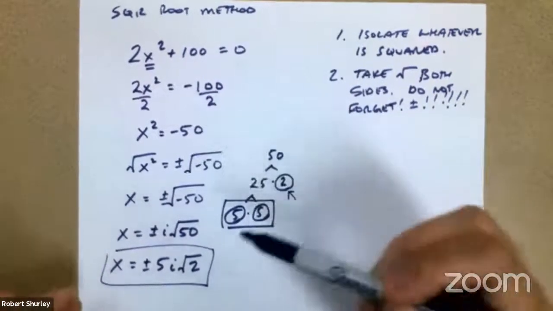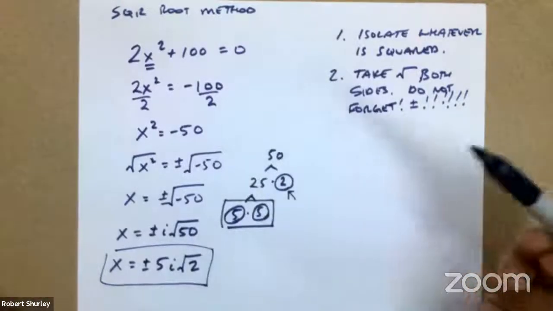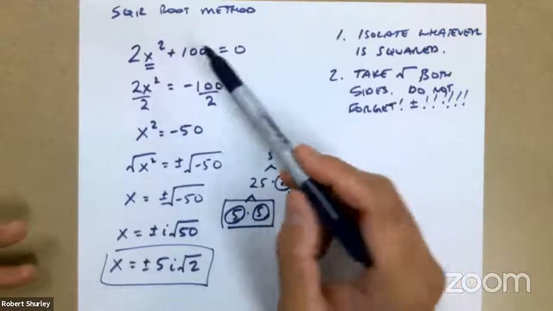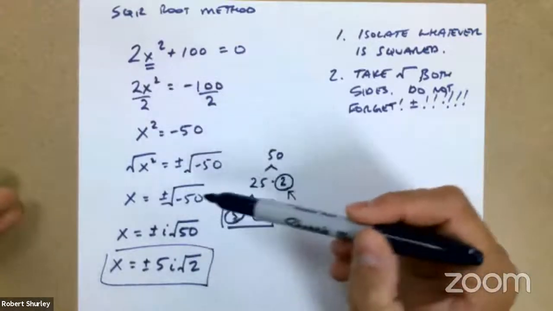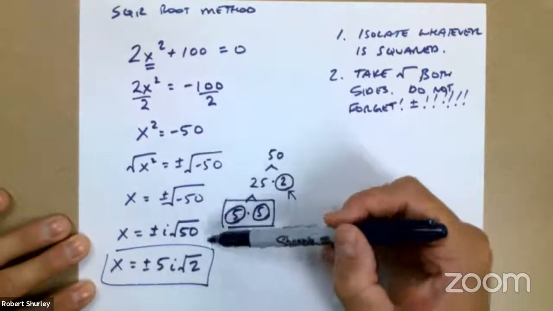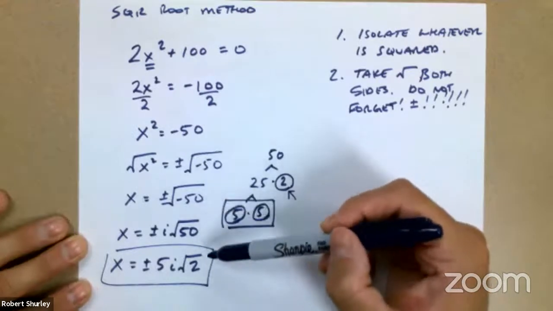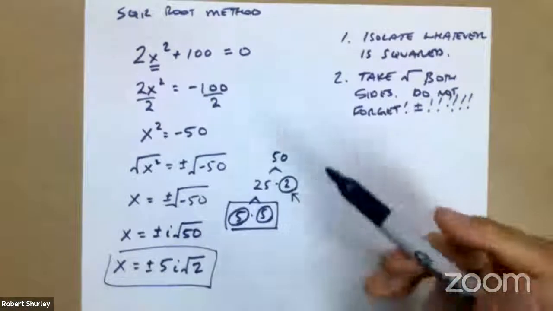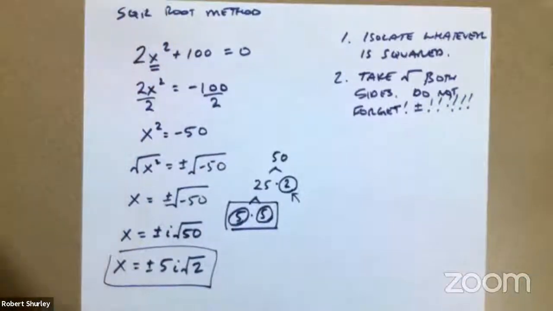This kind of has a lot going on. If you're watching this later and you're going, oh my God, I don't recognize any of this, well, this is solving by the square root method. From right here down, this is just simplifying radicals. So if you need to go back and catch up on how to simplify radicals, because guys, this is a 7-week class. This is daily.